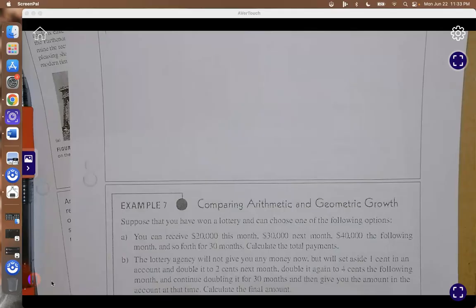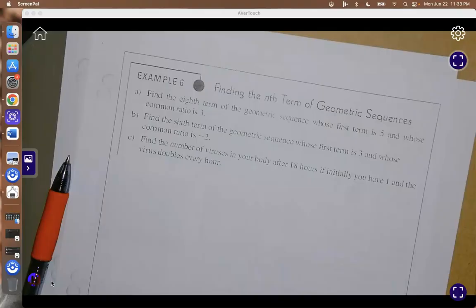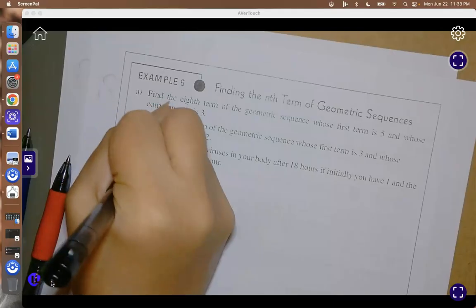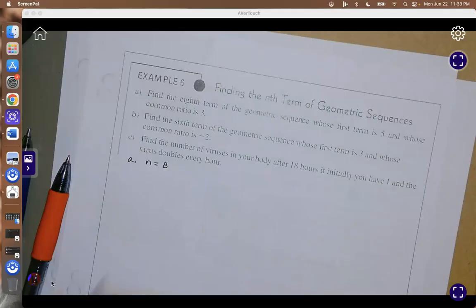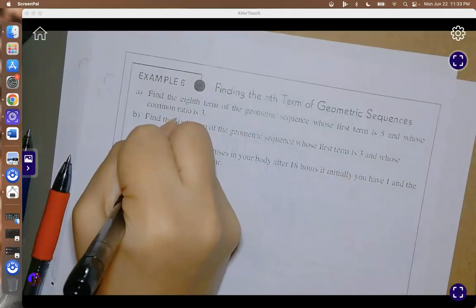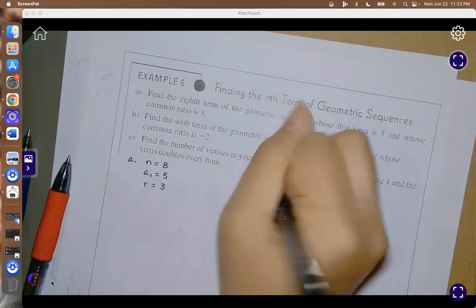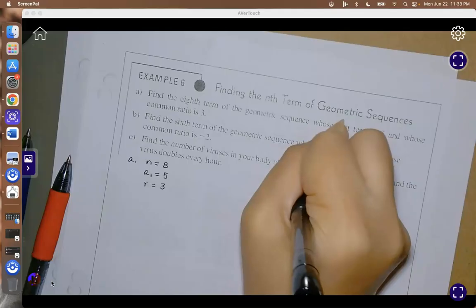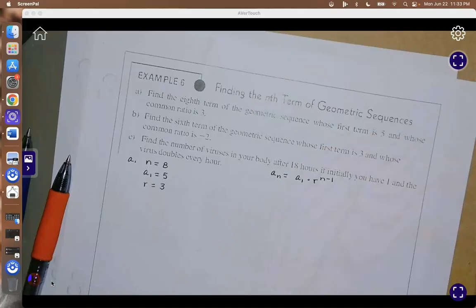Maybe we can get that paper put up. Alright, so on this one, it says find the nth term of the geometric sequence. It says find the 8th term. So n is 8. And it says whose first term is 5 and the common ratio is 3. So remember the formula is a sub n equals a sub 1 times r to the n minus 1.